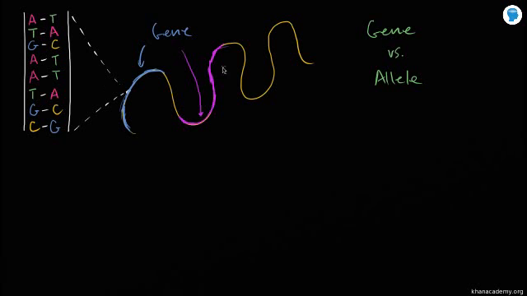Maybe over here we encode for another protein that in some ways affects the pigmentation of your skin or the pigmentation of your eyes. And so you have these stretches of DNA that code for specific things.